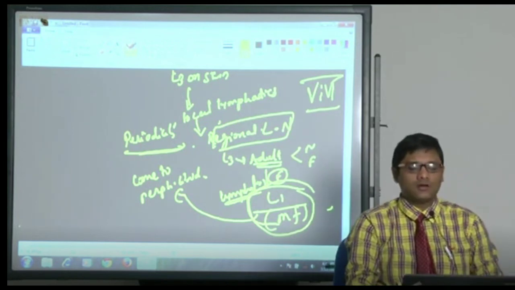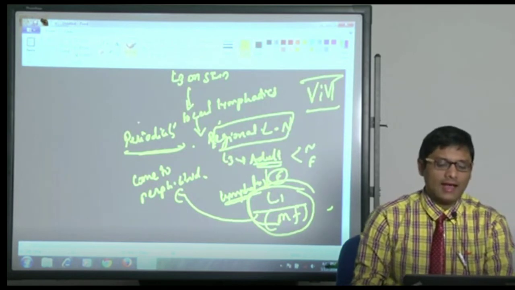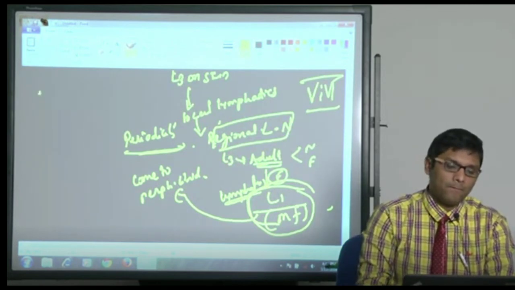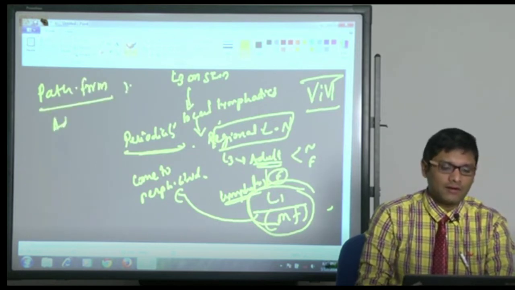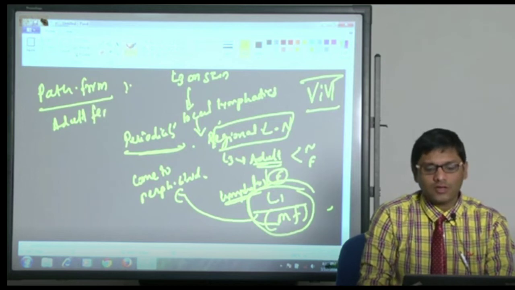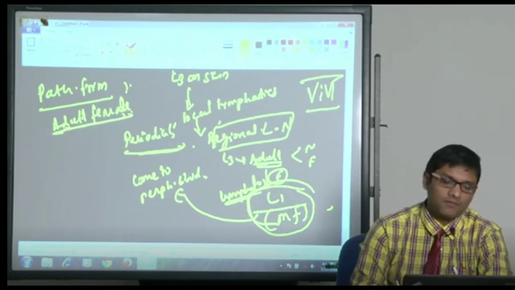So this is all about the periodicity, and the pathogenic form is nothing but the adult female, not the microfilaria. Adult females are the pathogenic form.